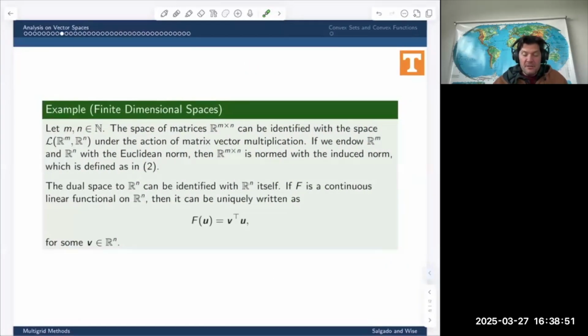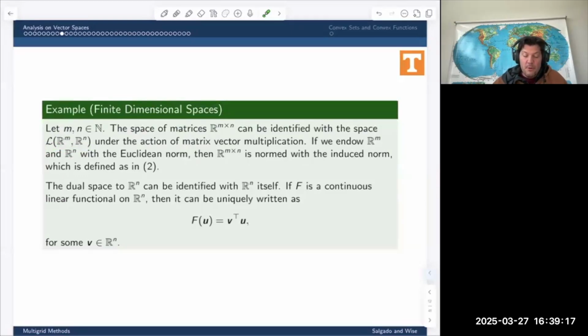All right. Let's look at a finite dimensional example here. Suppose that M and N are positive integers. The space of matrices having M rows and N columns can be identified with the space of bounded linear mappings from Rm into Rn. We've talked about this a lot.